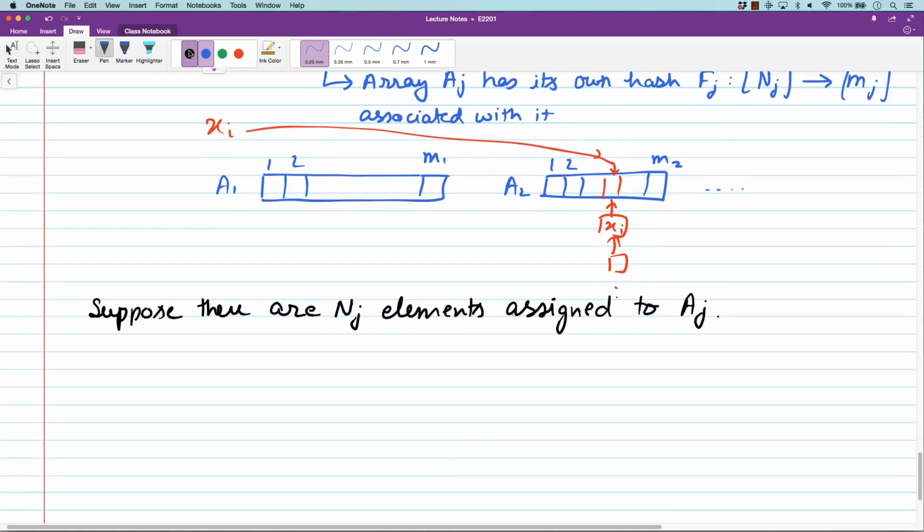So suppose you have these many elements assigned to each.